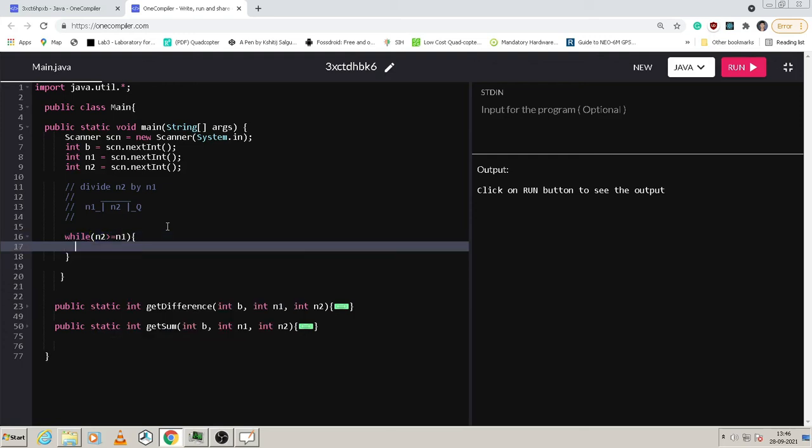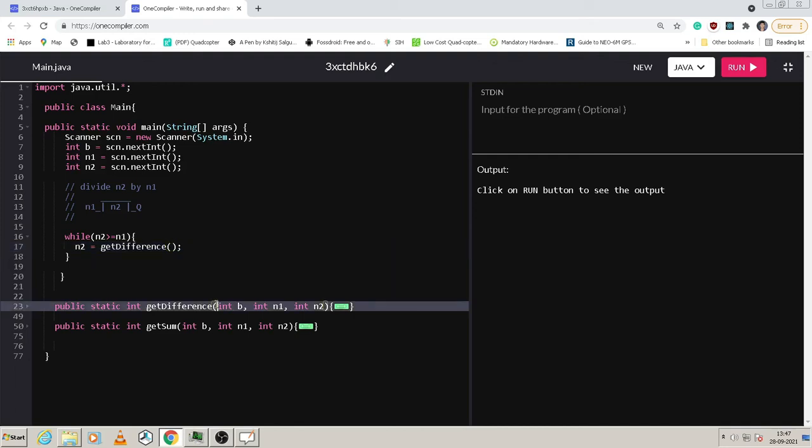And inside it what we were doing, we were overwriting n2 by calling the difference function. What we had to pass in difference function, you need to look into the order of the parameters. Order matters.